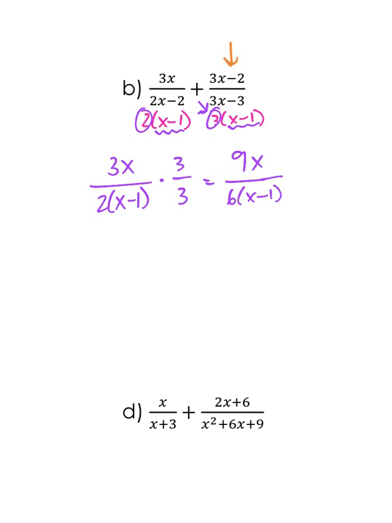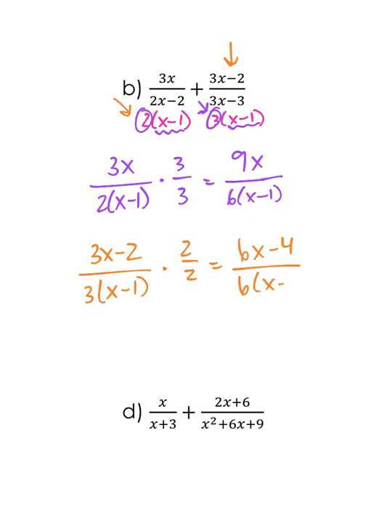Then this one, 3x minus 2 over 3 times x minus 1, I'm going to multiply by 2 over 2. And that 2 came from right there. So I get 6x minus 4 over 6 times x minus 1.